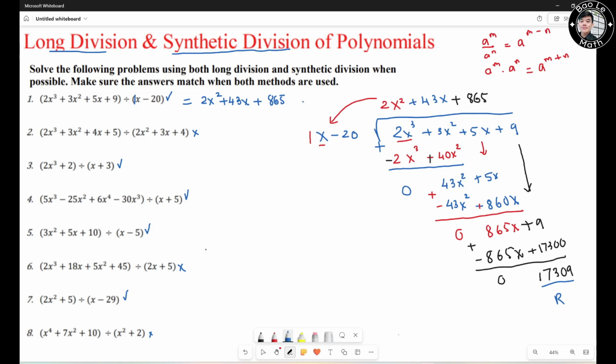The remainder is going to be added with a plus sign: plus the remainder 17,309 on the top, over the divisor s minus 20.